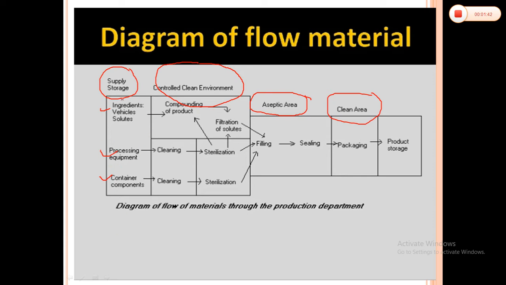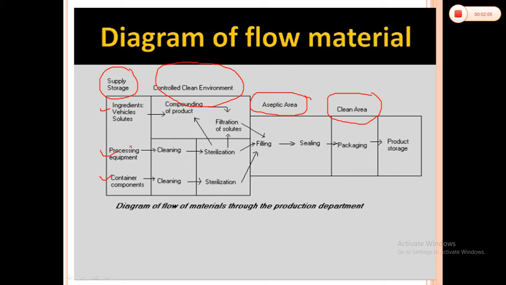All the raw materials or processing materials required for the sterile formulations are stored at a specific area, and whenever we require them for processing, they are supplied to the compounding area, basically a controlled clean environment.